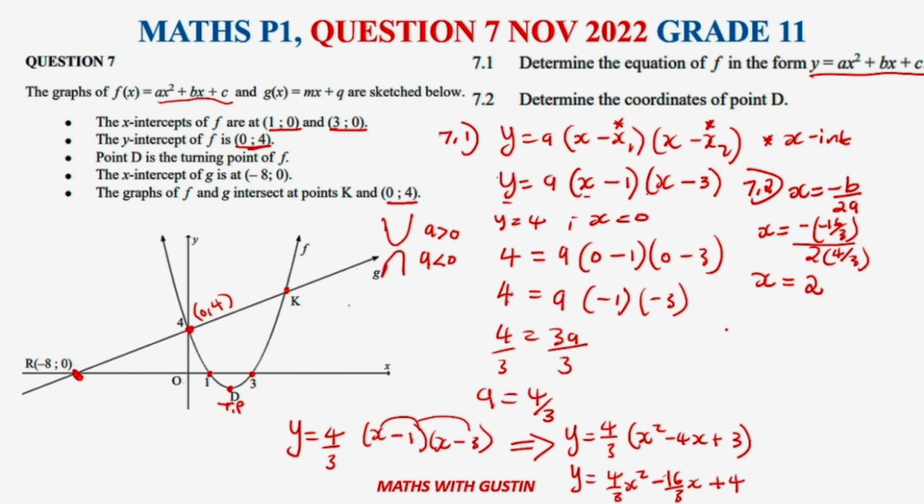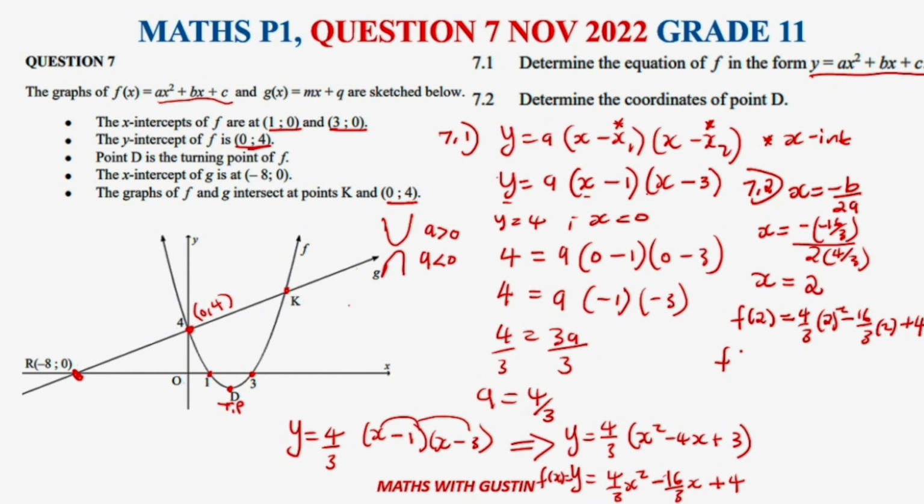All right, therefore we substitute this into our equation f of x. f of x when x is equal to 2 is 4 over 3 times 2 squared minus 16 all over 3 times 2, plus 4.